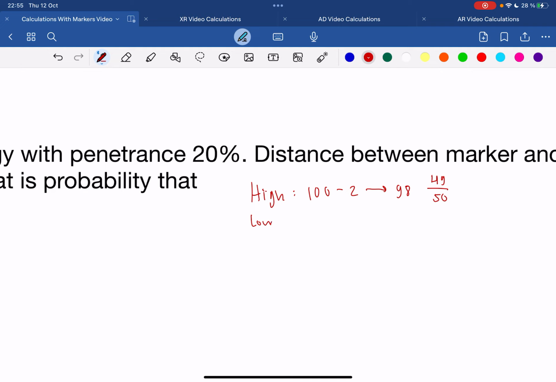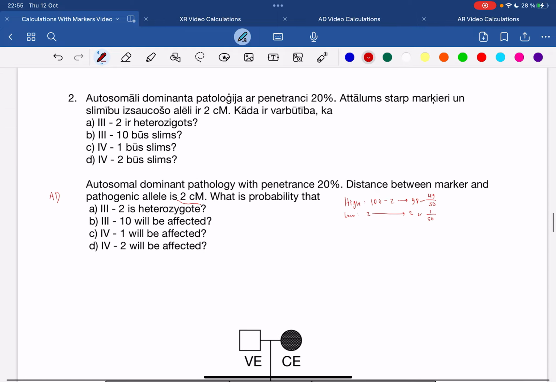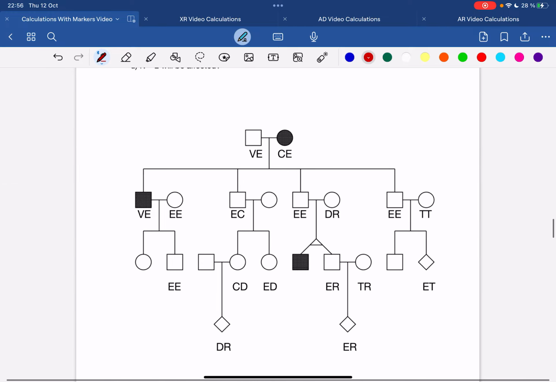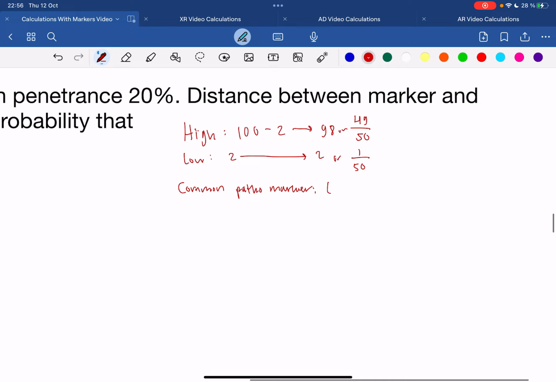And the low would be just 2, and that is equal to 1 over 50. And then we also can look at the common pathomarker, which in our case would be E, because the ones that these two share is actually E. So we write down E.